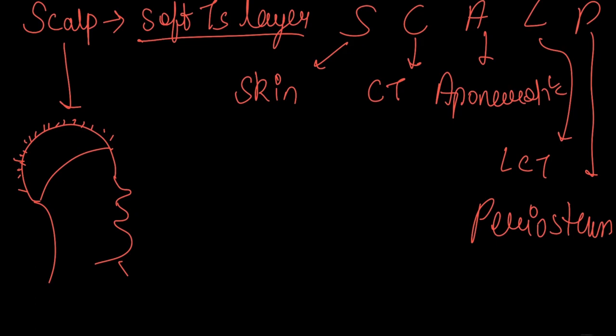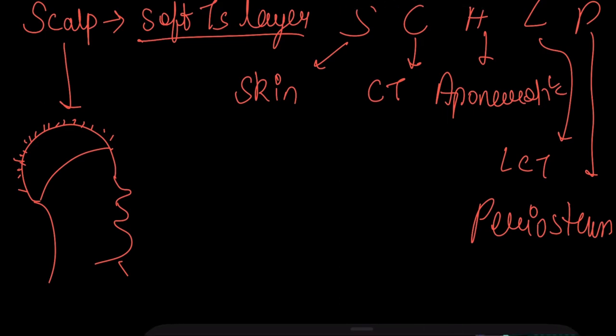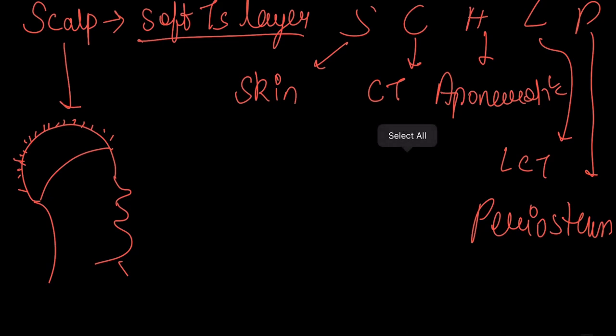So we say in these 5 layers there are two groups, in the sense there is a group of 3 best friends and a group of 2 best friends.